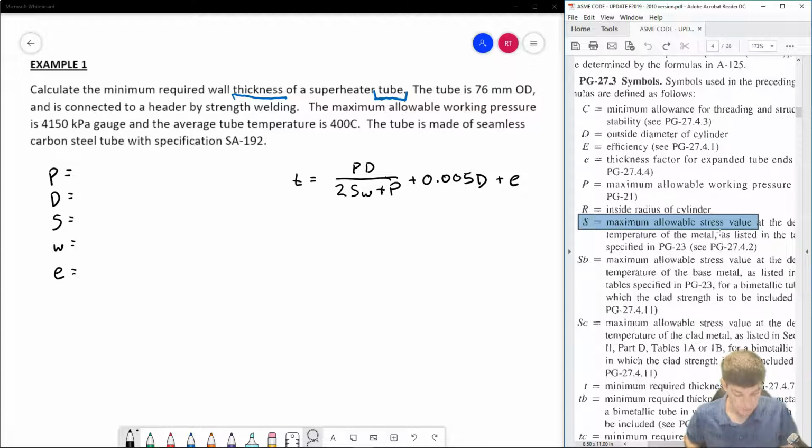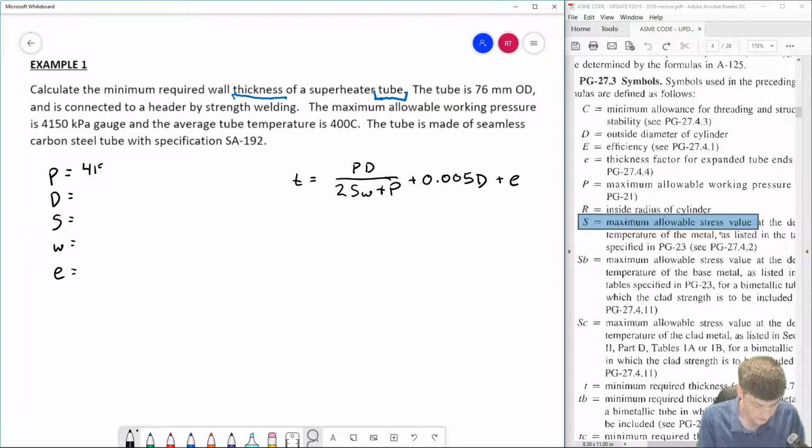So right now I'm just going to write down what I know, and what I know is my pressure is 4150 kPa, my diameter 76 millimeters, my S I don't know yet, my W I don't know yet, and my e I don't know yet.